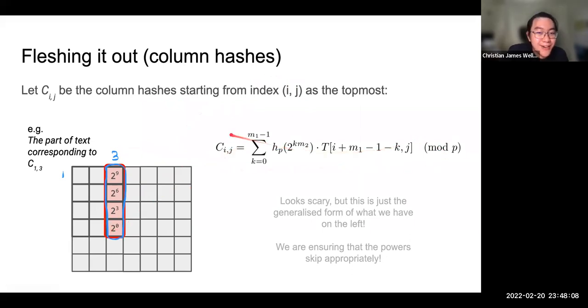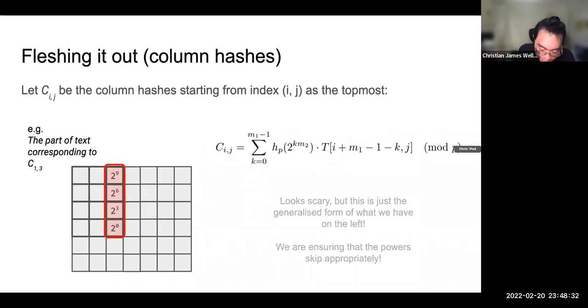This looks very scary, but really what I'm trying to say is just 2 power 0 times the value here, times the value here, then times this value here, times this value here, V1, V2, V3, V4, and then add them all up. This is really what this is trying to say.